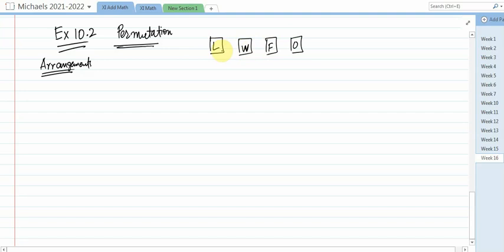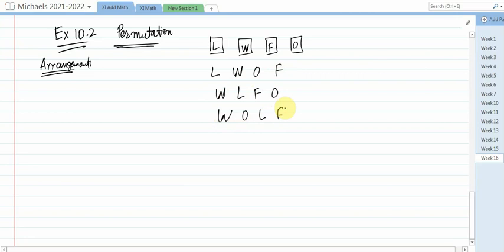The first arrangement is L, W, F, O, or the second arrangement is L, W, O, F. I can say W, L, F, O is the third arrangement, W, O, L, F the fourth, and there are many arrangements we can make with these 4 letters.